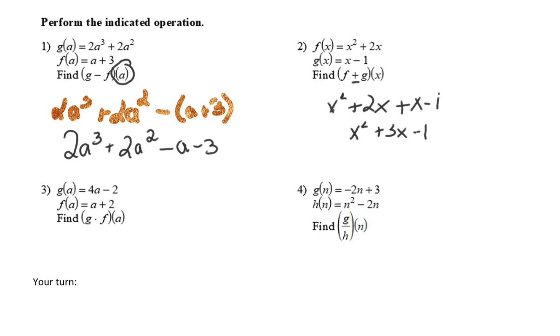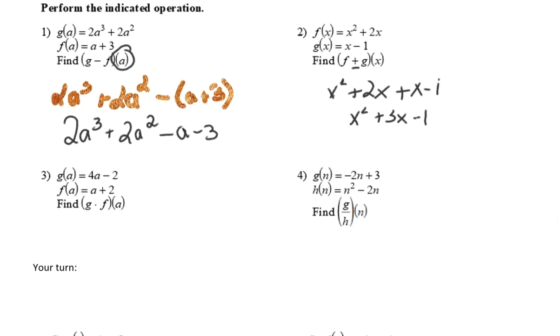Number 3, you're multiplying. G times f of a. So g is 4a minus 2 times a plus 2. So for this one, you're going to need to FOIL, right? You're doing 4a minus 2 times a plus 2.